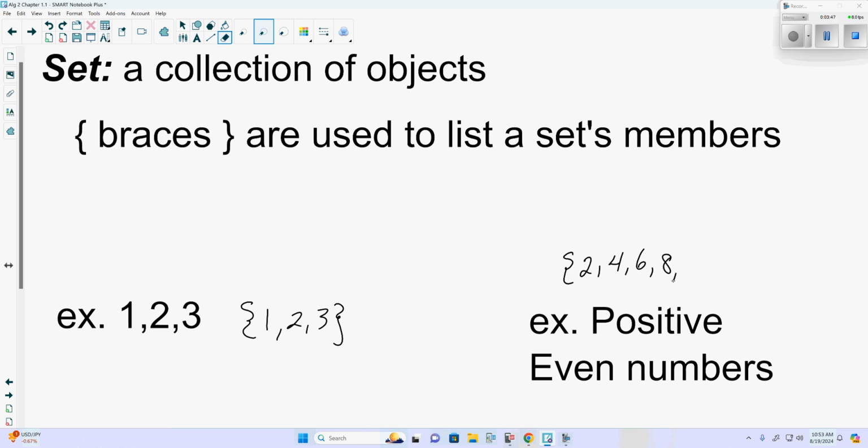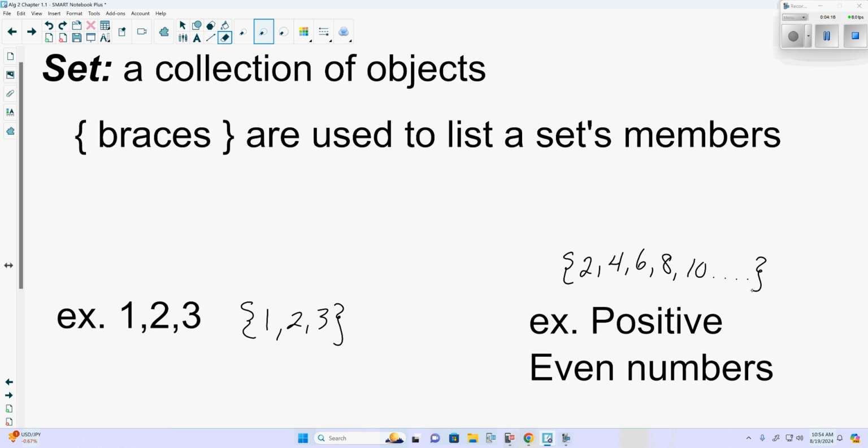Is there any way for me to write all of the positive even numbers? No, it's going to continue on. I could say 10, and then we can do dot, dot, dot. The dot, dot, dot just signifies that it continues on in this pattern indefinitely. As long as we establish a pattern, 2, 4, 6, 8, dot, dot, dot, we have the rest of them.